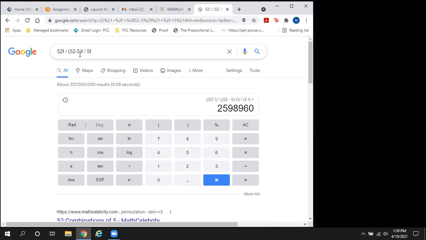Let's think about drawing the cards in order, right? I'm going to have 52 choices for the first one, 51 choices for the next one, then 50 choices, then 49, then 48, right? Because each time you draw a card, there's less cards remaining in the deck, so the number of options you're drawing from decreases by 1 for each card that you pick, right?